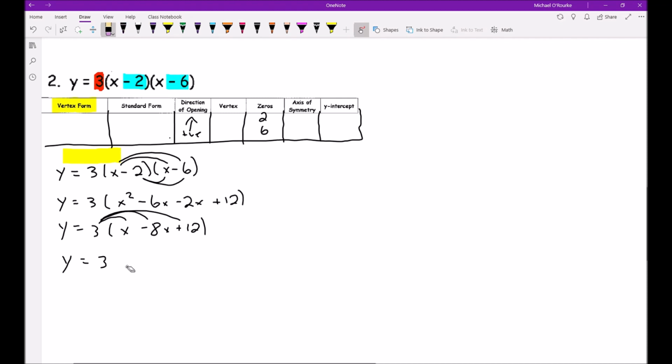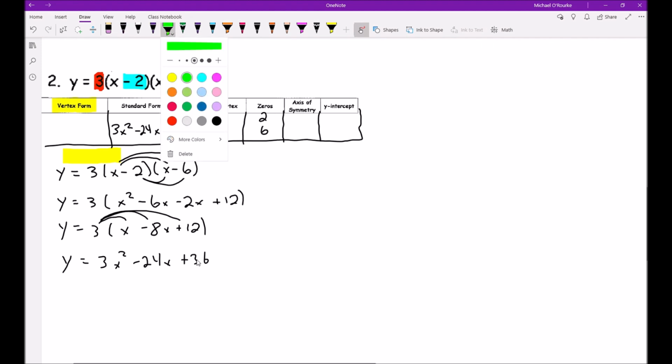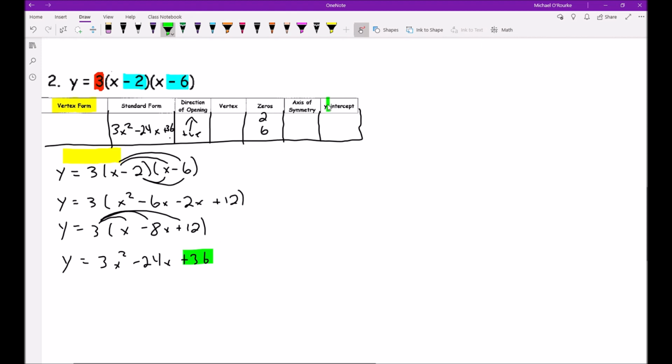Why I'm putting the bracket in there again, I have no clue. Good. Now, what can I get from standard form? Can someone tell me? Okay, what's the y-intercept? 36, very good. My y-intercept comes from there.